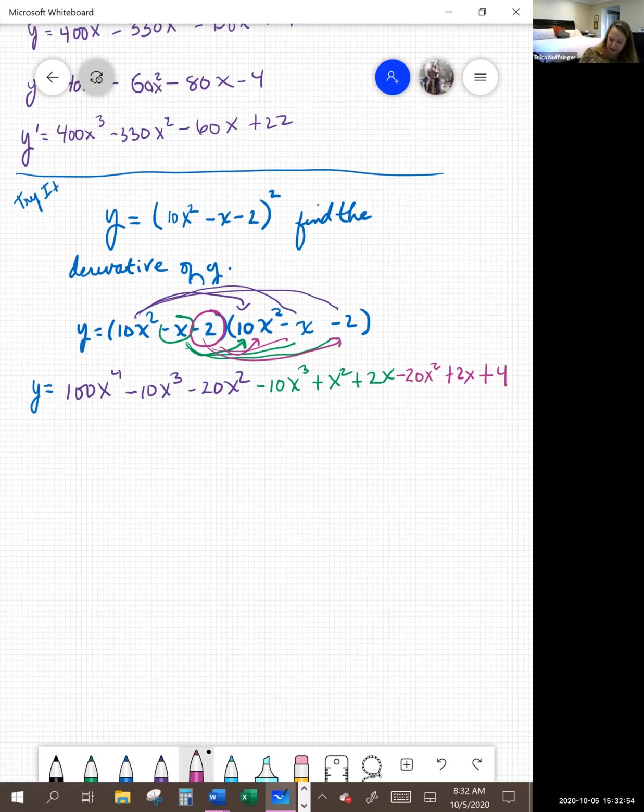So rewriting it, combining like terms, there's no other x to the fourth term, so we have 100x to the fourth, minus a 10x cubed minus a 10x cubed, which is minus a 20x cubed. We have a negative 20x squared plus an x squared, which is negative 19x squared. And then minus 20x squared, so that's negative 39x squared.